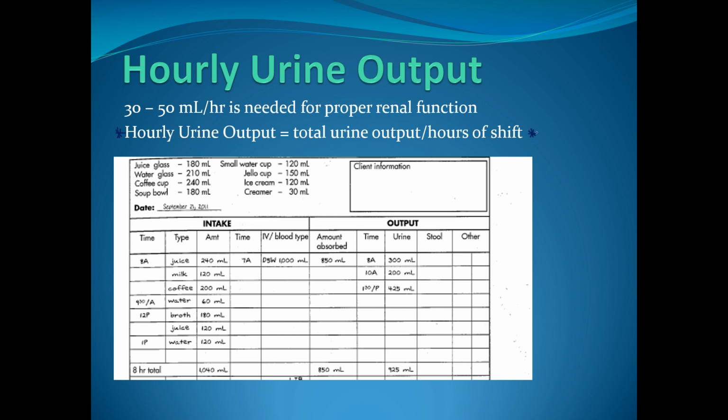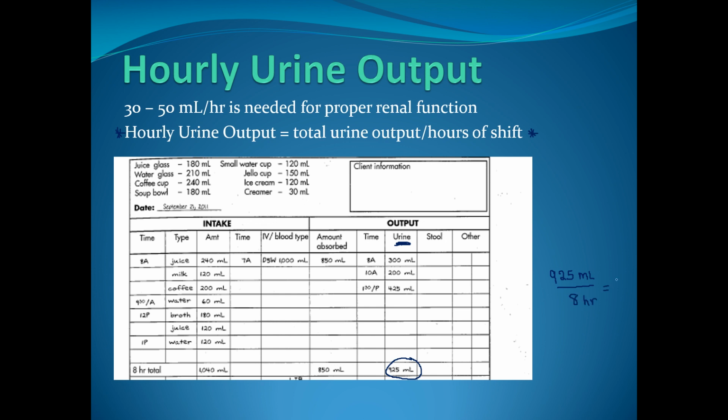So if I take a look at this particular problem, the urine is under this column. The total urine for the 8 hours is already calculated right here. And so what we will do is we'll take the 925 milliliters that has been recorded and divide it by the 8-hour shift.